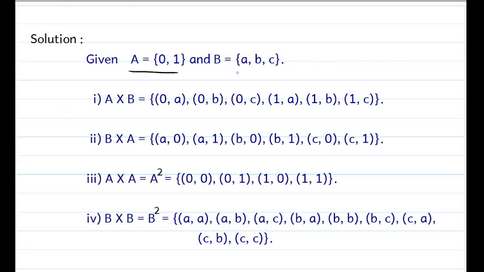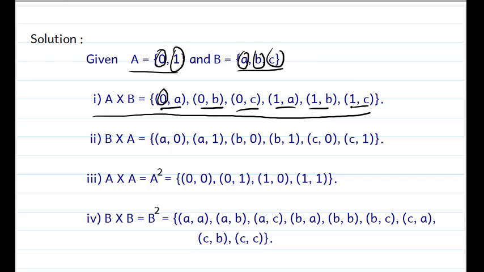So this is A and this is B. With A and B, we first take the first element of A. This is 0, and we combine it with a, so we have 0a, then combined with b we have 0b, combined with c we have 0c. Then the next element is 1, so 1 with a, 1 with b, and 1 with c.